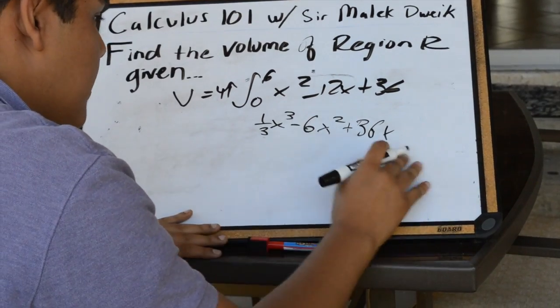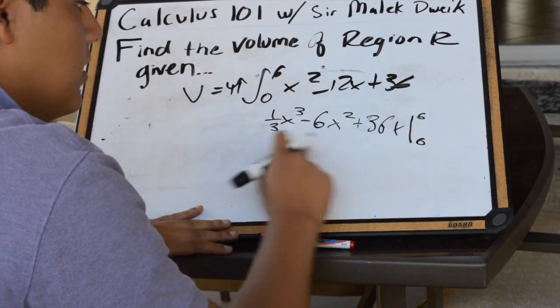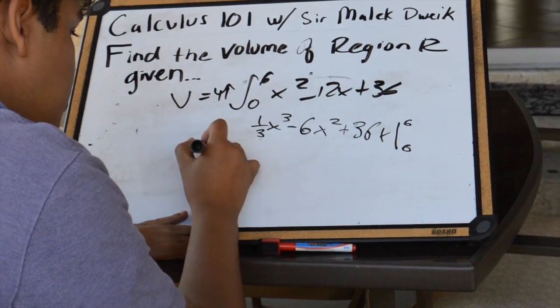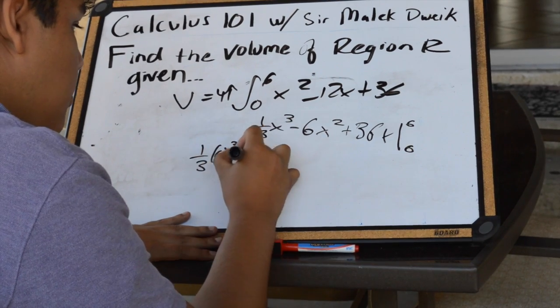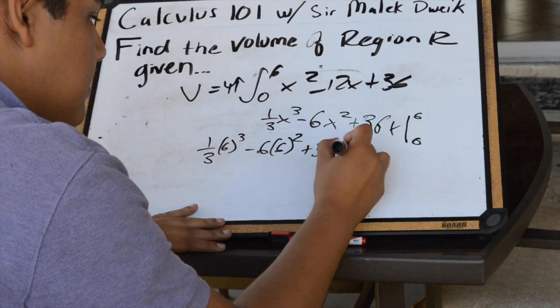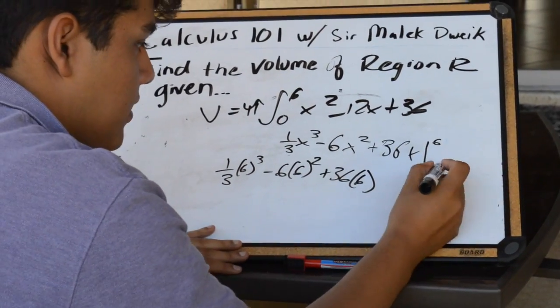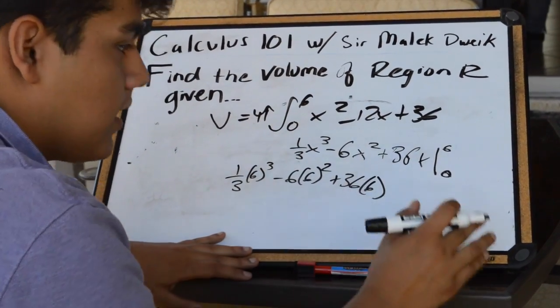We integrated it, but now, don't ever forget your limits of integration. So we're going to plug in the 6: 1 over 3 times 6 cubed, minus 6 times 6 squared, plus 36 times 6. And because I know 0 sometimes cancels everything out, just make sure that it cancels everything out and you don't have any constants.